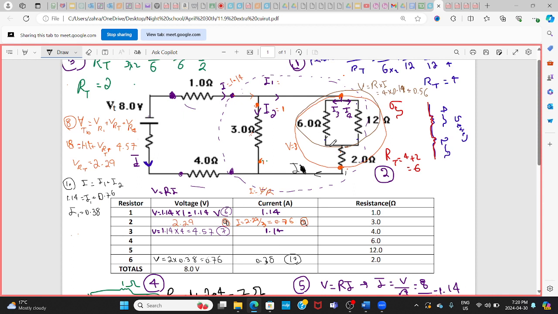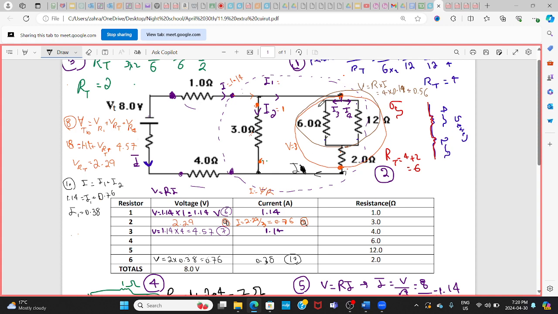Now I got the V here. The V across the whole thing on the top here is the same as the V across the 3 ohm. The reason is that they are connected in parallel.